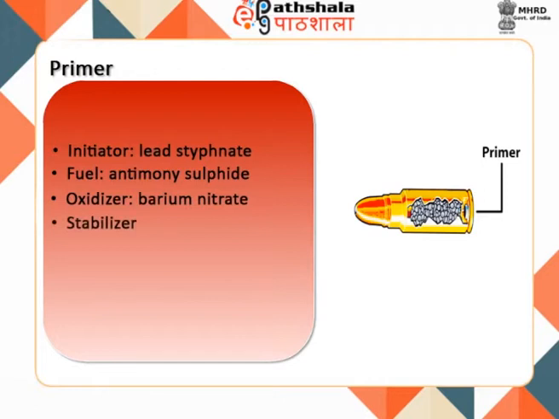The sensitive high explosive which functions as an initiator is a pressure sensitive material which gives out a flame to ignite combustible material which works as a fuel. An oxygen supplier would supply the necessary oxygen so that combustion of the fuel is proper. A friction causing material is also mixed to carry out the functioning of the entire exercise in a satisfactory manner.